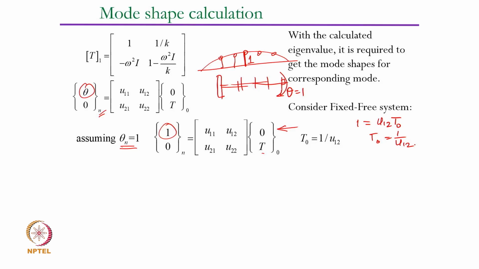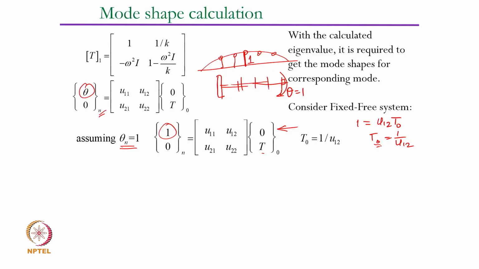Now please make a note that you have already done the estimation of the eigenvalue. That means you already know what omega is. So all the values of u12, u22, u21, everything is known. Once the frequency is known, all the transfer matrices are known, all the elements of the overall transfer matrix are also known. So you know how much T naught is.